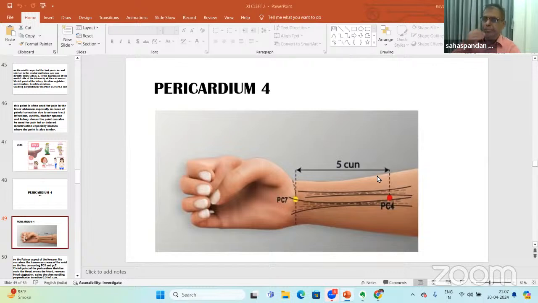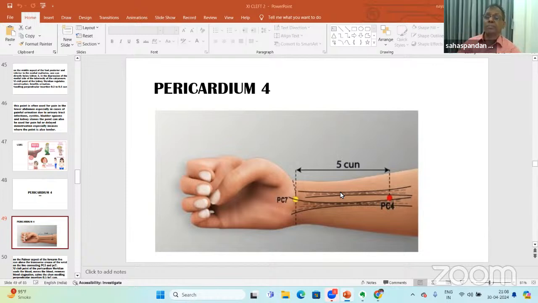So see the point. It is 5 cun proximal from pericardium 7 on the transverse crease of the wrist. That is the middle area.